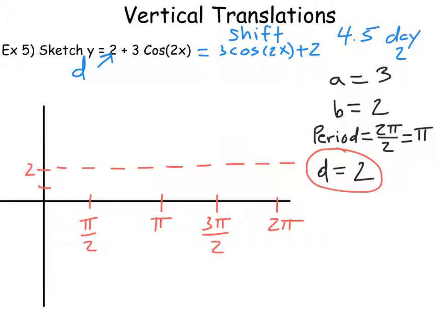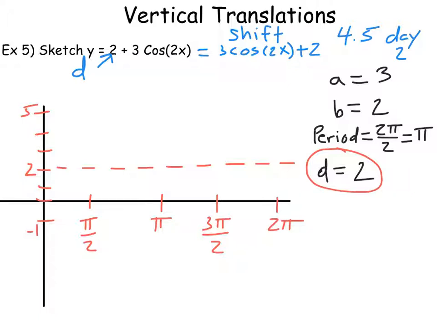go from that horizontal line, which would be 3, 4, 5. My graph is going to go up 5 units from there. I've already got 1, there's 0, there's -1. Okay, so it's really going to go between -1 and 5.